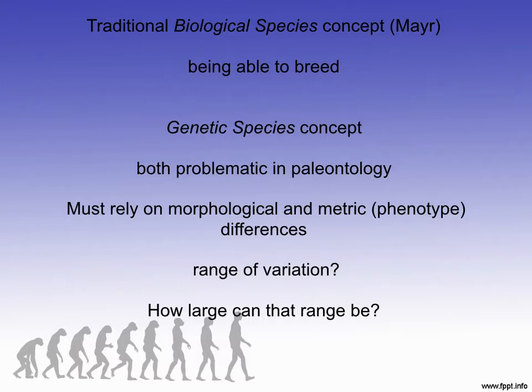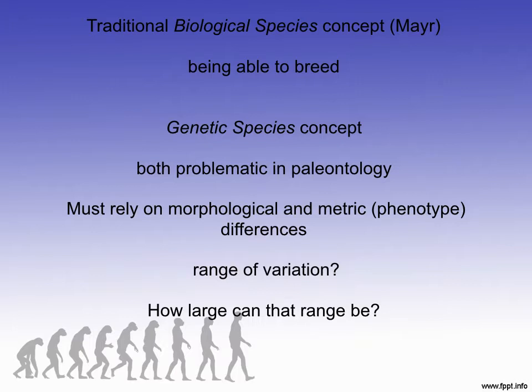But the problem is when we have two fossils that are separated by maybe 100,000 years, but they're both from East Africa, and we're defining the species based on the morphology, we don't know what the range of variation in that paleospecies would have been.